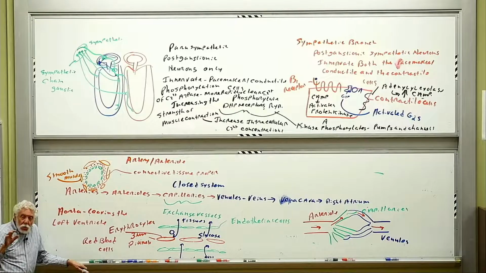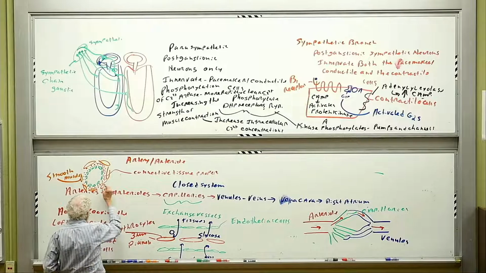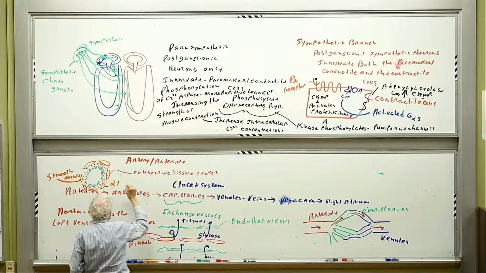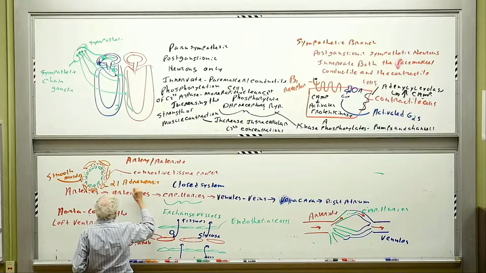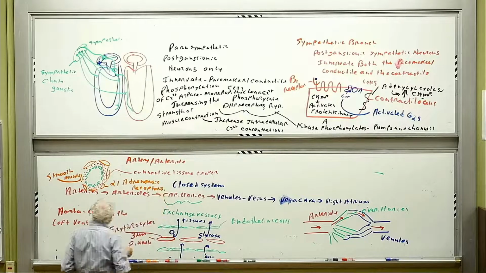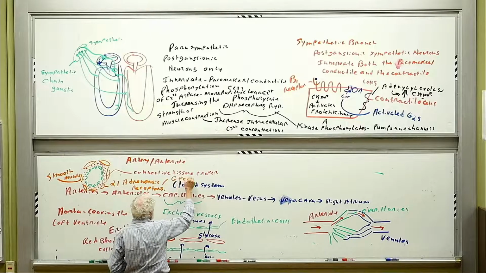Again, the smooth muscle is under autonomic control. The smooth muscle will have receptors called alpha-1 adrenergic receptors. These work through a G-protein coupled receptor.